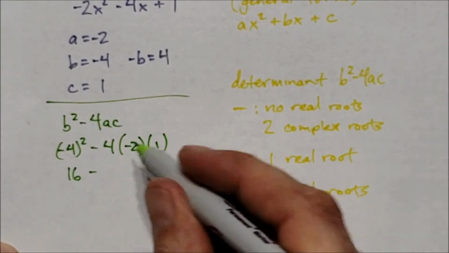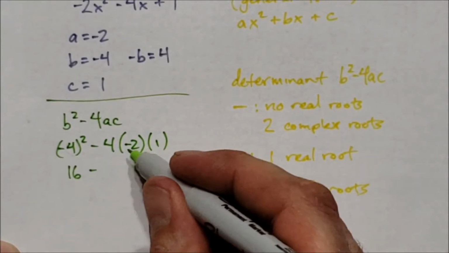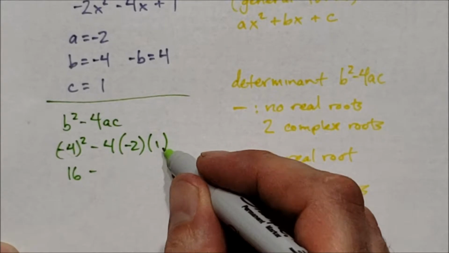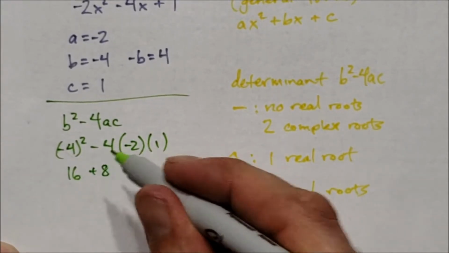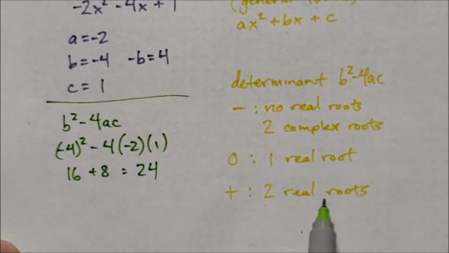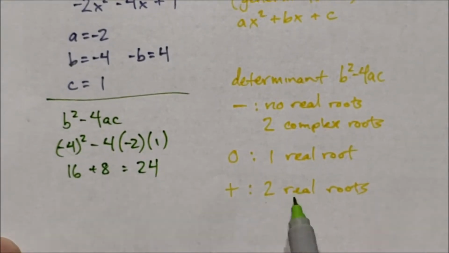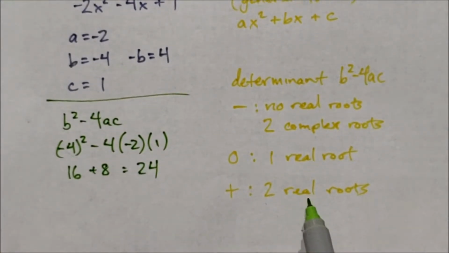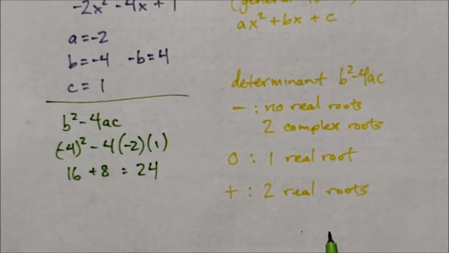This is 16 minus 4 times negative 2 times 1. That's a positive 8, which is 24. Since it's positive, we have 2 real roots, meaning that it's going to cross the x-axis 2 times.